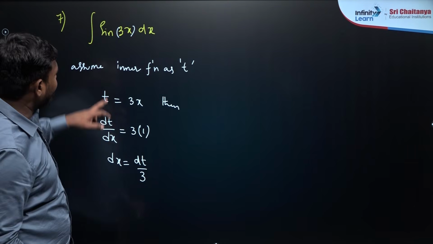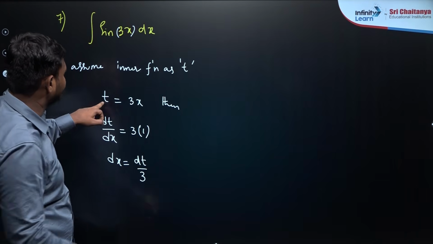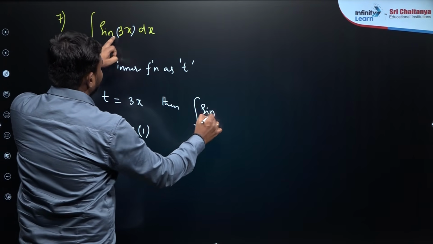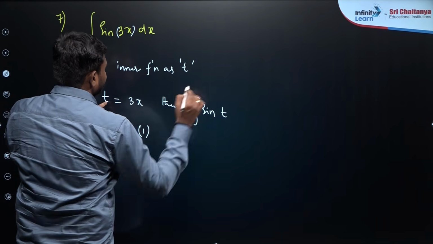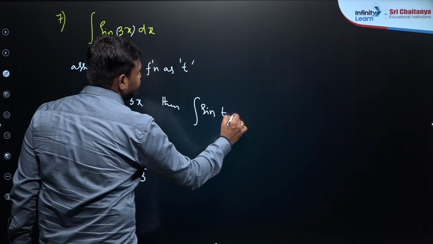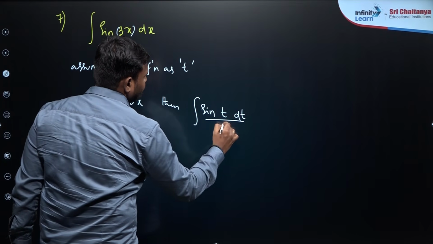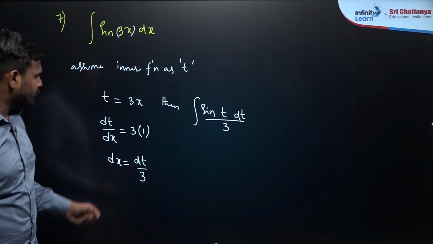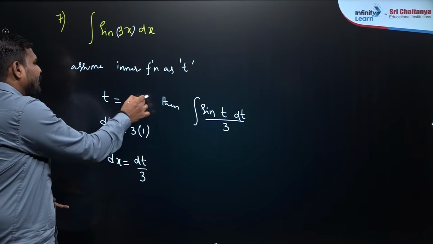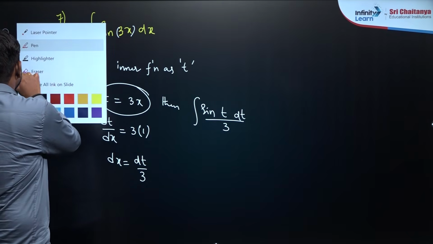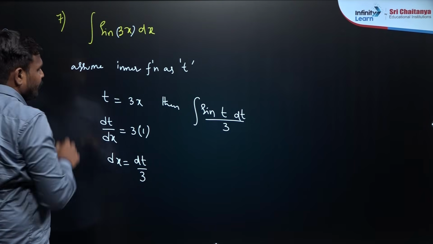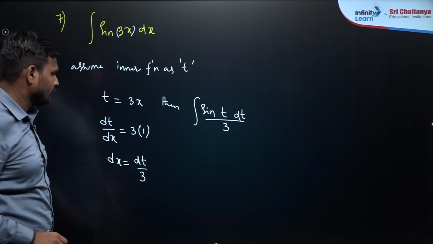So now I eliminated 3x in terms of t. Sin 3x can be written as sin t. Similarly, dx can be written as dt by 3, because 3 is nothing but the derivative of the inner function, if t is equal to 3x is the inner function.